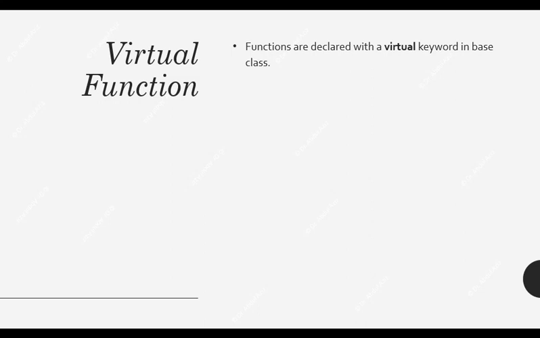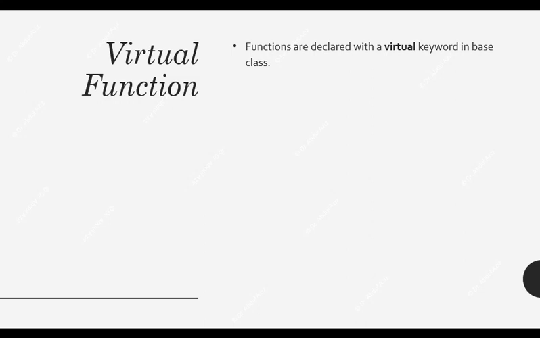To use the concept of virtual functions, always remember we need to implement inheritance within the classes. Why? Because we are going to declare a function in the base class without any definition so that the class can become abstract. But we cannot execute this class because it's an abstract class.